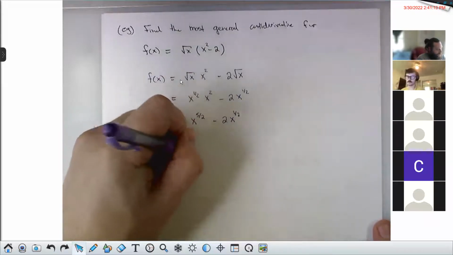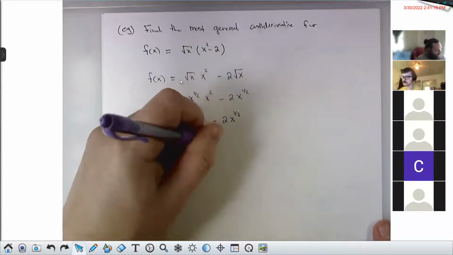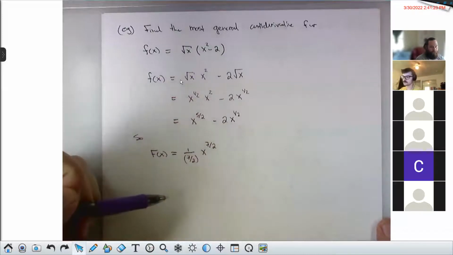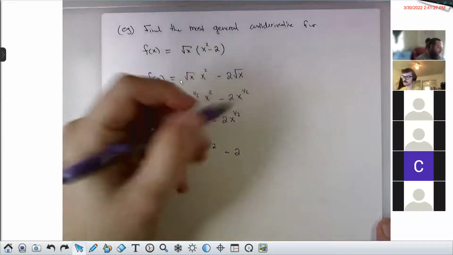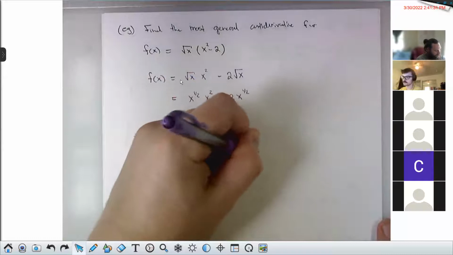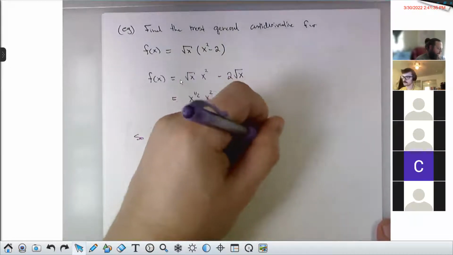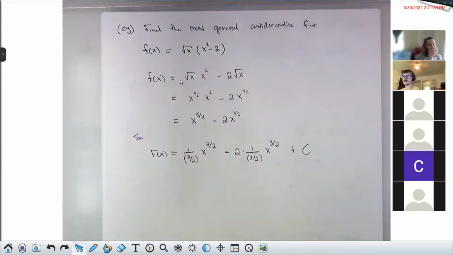So this is going to be 1 over 7/2 times x to the 7/2. That's the antiderivative of this piece. Minus 2 times, 1/2 plus 1 is 3/2. So this is going to be 1 over 3/2 x to the 3/2, and we write our plus c.